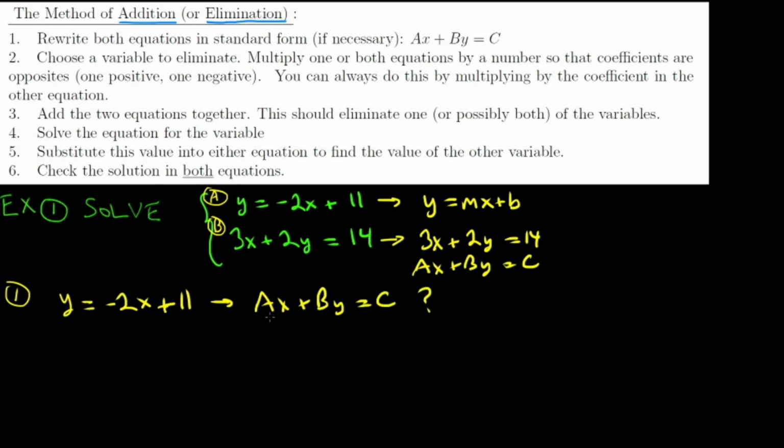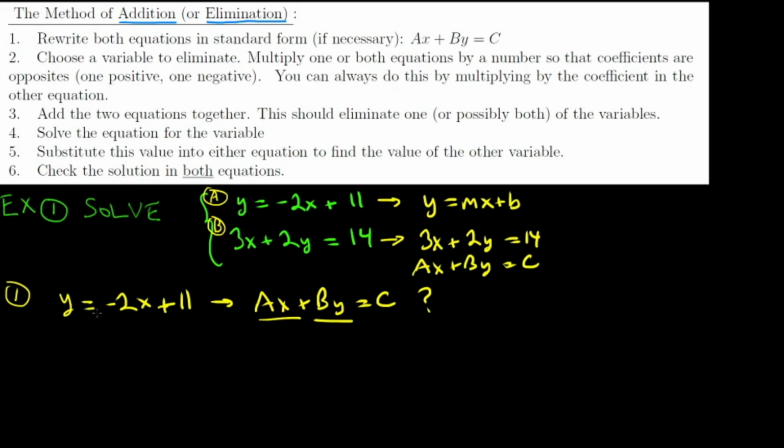Right, so notice that in this form, the x and the y are on the same side of the equation. In this form, the y is on the left and the x is on the right. So what we really need to do is bring the x over to the left side. So how do we do that? Well, use the golden rule of equations. Whatever you do to one side of the equation, you have to do the same thing to the other side.